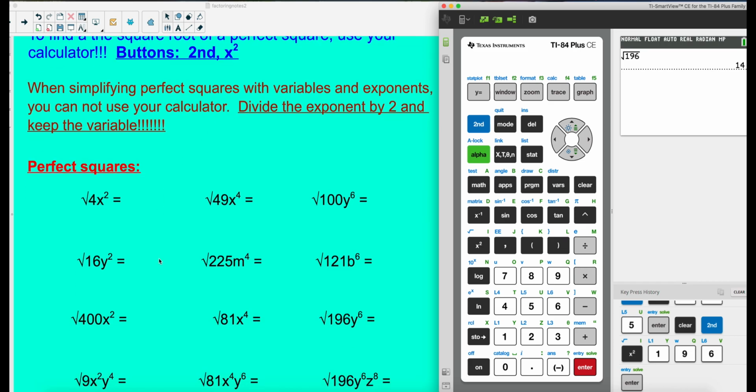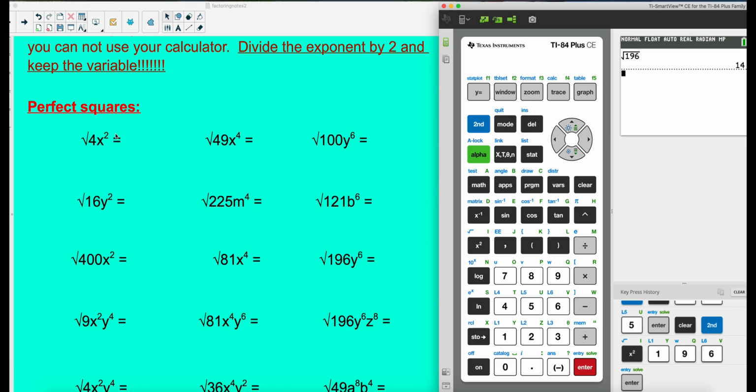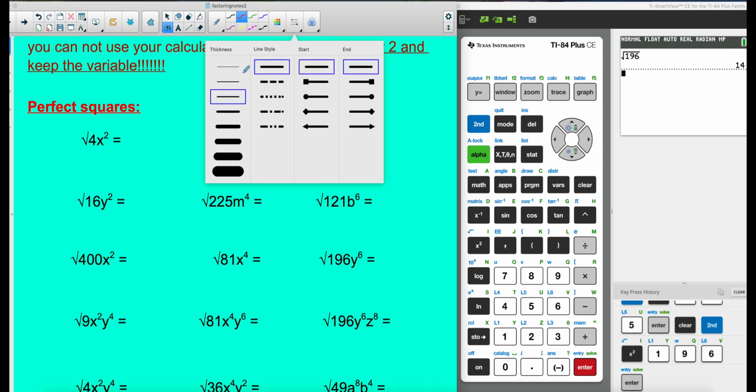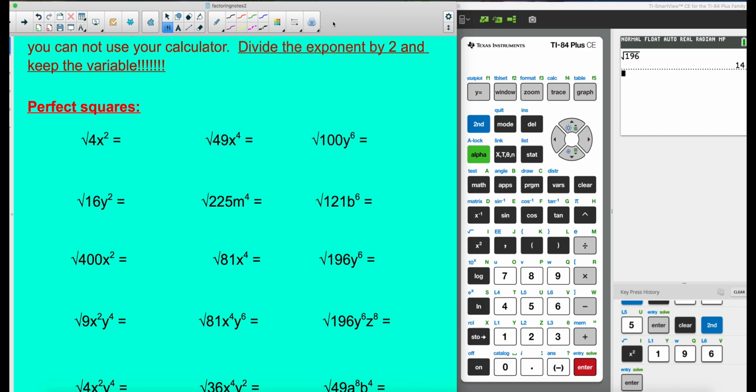So for example, let's take a look at this first one, 4x squared. Well, we know, after today of course, the square root of 4 is 2, so you put the number first. Now, what did I say to you? What letter do you see? You see x, so make that part of your answer. And because it's x squared, remember, 2 divided by 2 is 1.